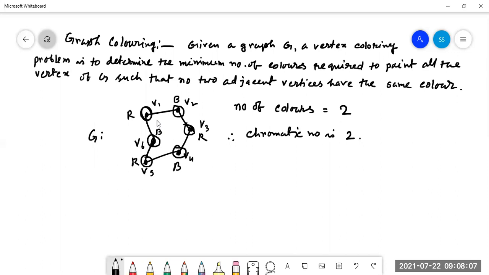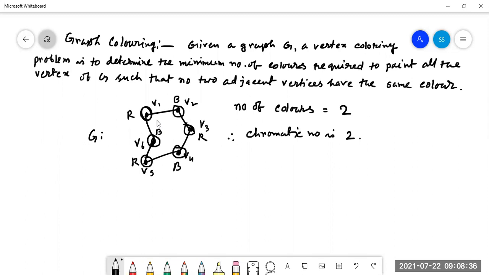Is it clear? What is the vertex coloring of a graph? No two adjacent vertices will be in the same color. As V1 is red, V2 and V6 are adjacent to V1, so they must not be red. Both are blue. Now adjacent to V2 are V1 and V3, so V1 and V3 cannot be blue.